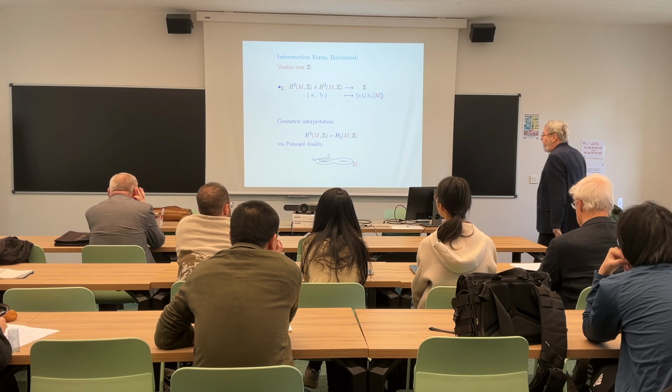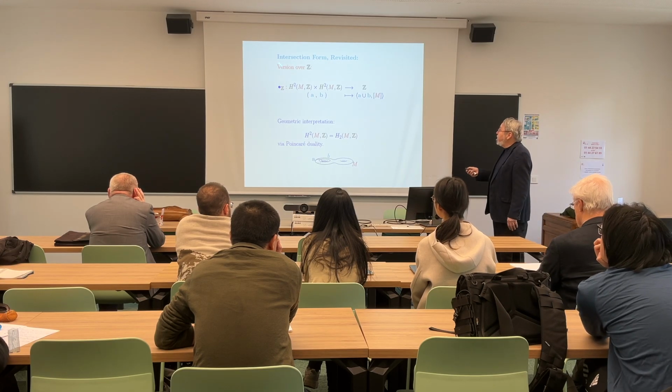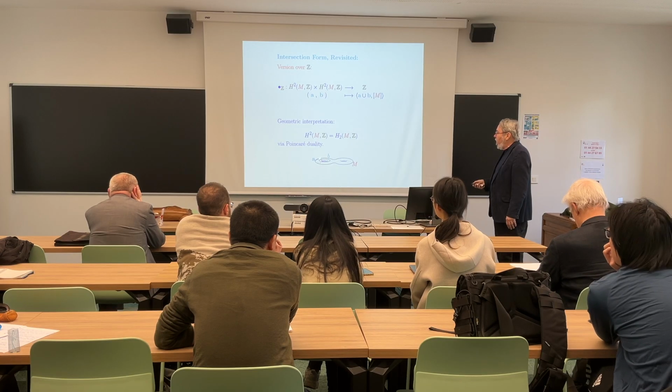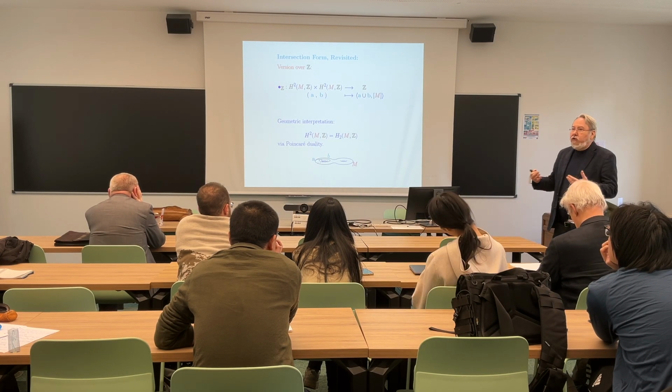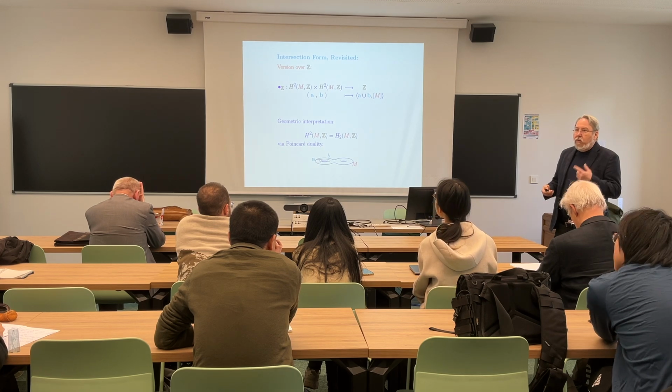And what you find out then is that the reason this is called the intersection form is that here what you do is represent two homology classes by smooth surfaces which are transverse to each other, and you count their intersection points with signs.